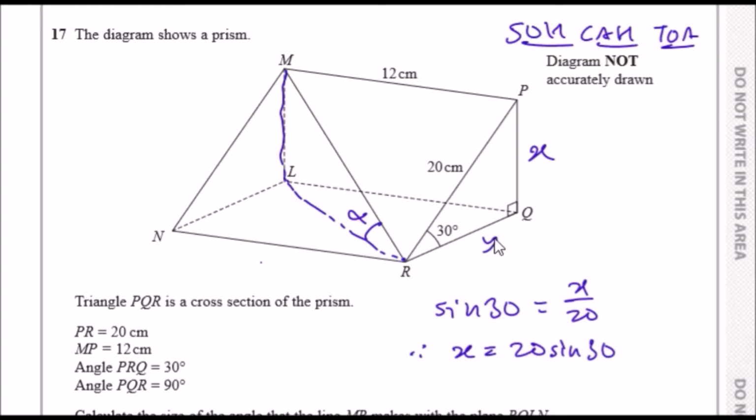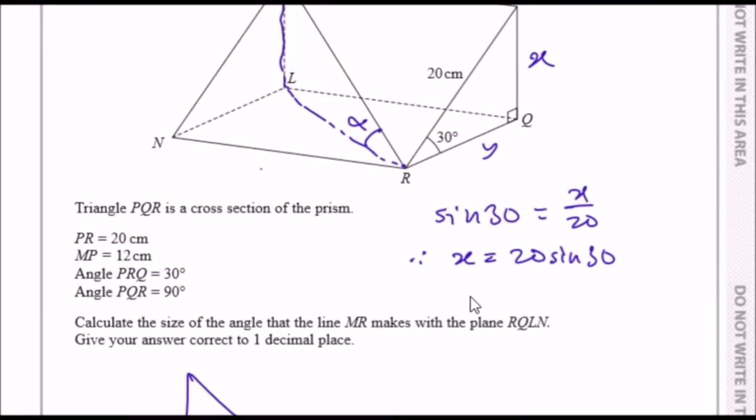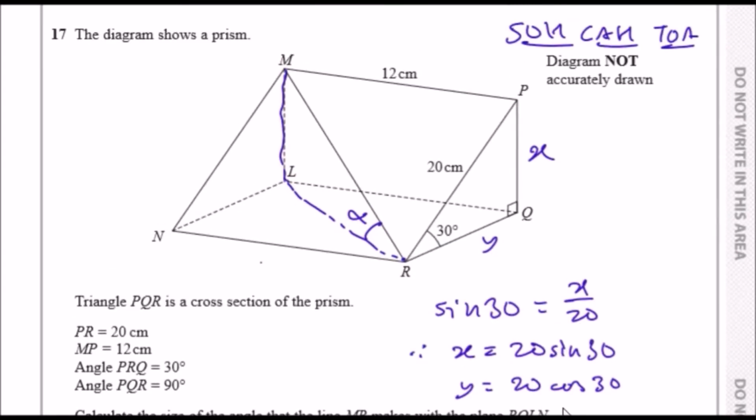As for y, we need to use trig again, so it'll be adjacent over hypotenuse, because remember this is the angle, that's the opposite, and that's going to be CAH. So it's going to be the same style, but this time you eventually get 20 cos 30. Okay, so you can use the same formulation, but you'll get these two results. That's perfect.